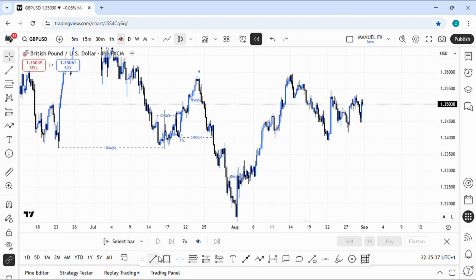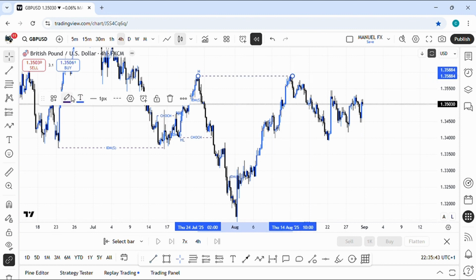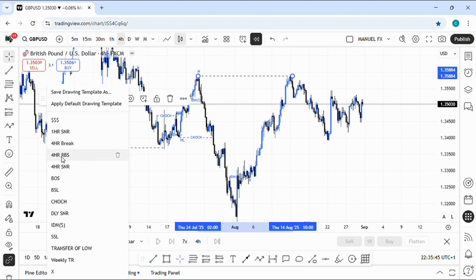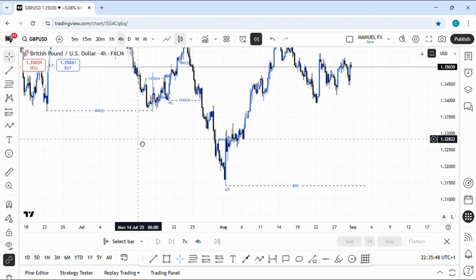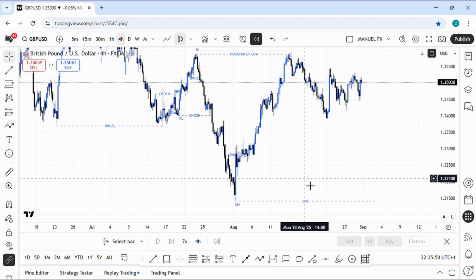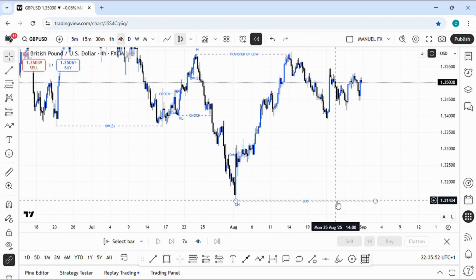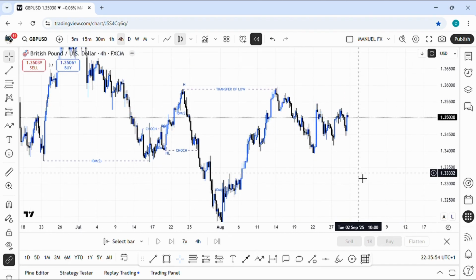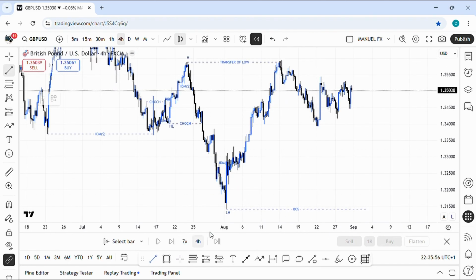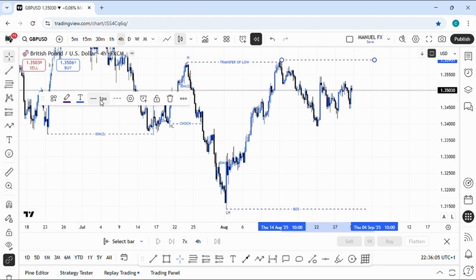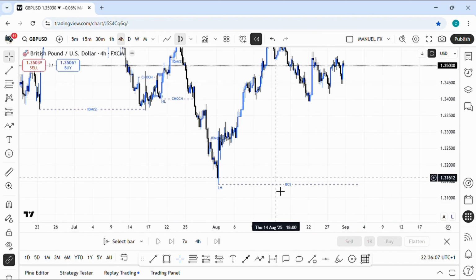So we know that the 4-hour swing is this. This is a transfer of low, and this being a transfer of low means that our swing point is no longer this and this. Our swing point is this and this.